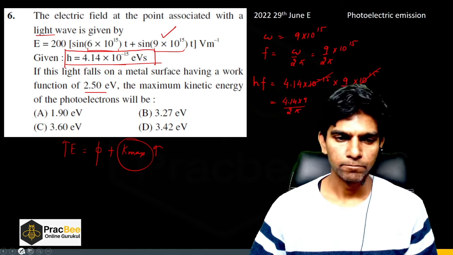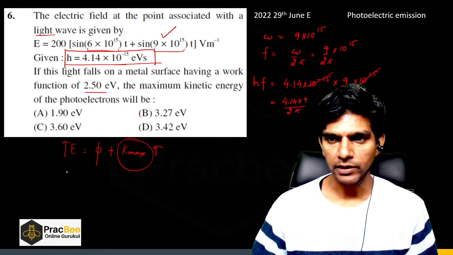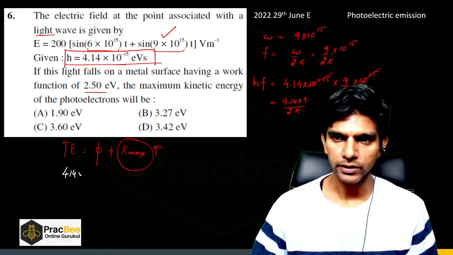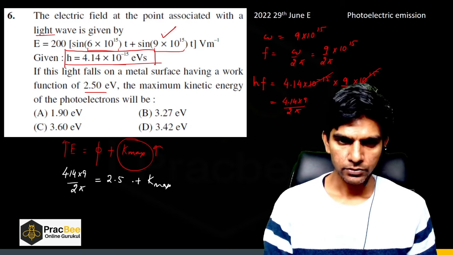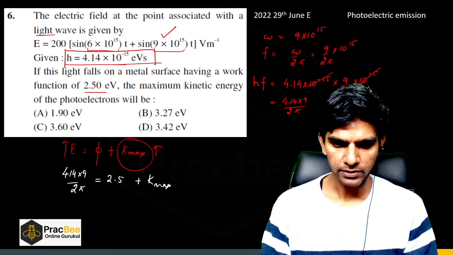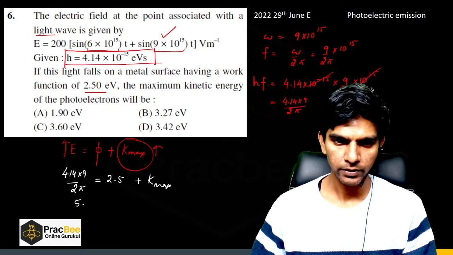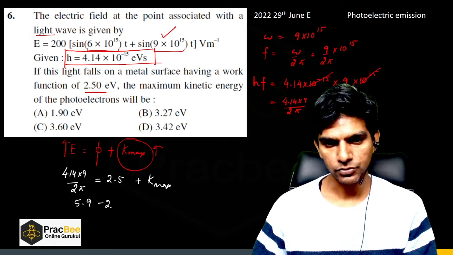So let us see. If you substitute the values here, it will be 4.14 into 9 upon 2 pi, and the work function is given as 2.5 plus k max. So let me calculate the actual value. 4.14 times 9 divided by 2 divided by pi comes out to be 5.9, minus 2.5, that will be k max.